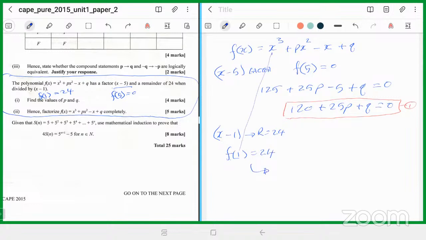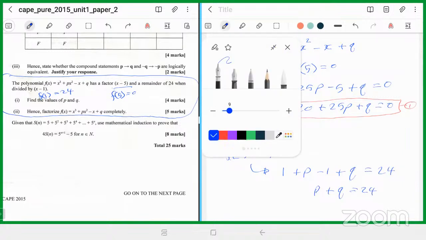Easy values. Put 1 there, we get 1. Put 1 there, you get p. Put 1 here, you get minus 1 plus q. And that is all equal to 24. This 1 wipes out this negative 1, so we end up having p plus q equals 24. That's our second equation.